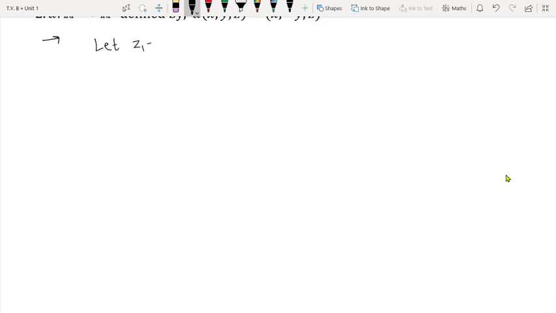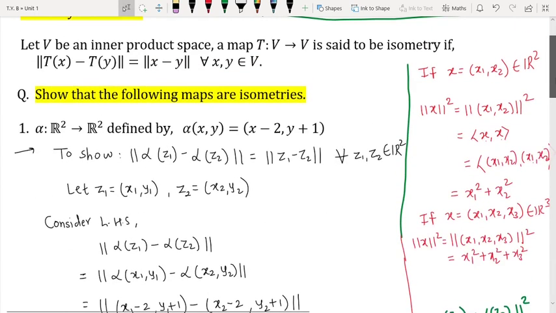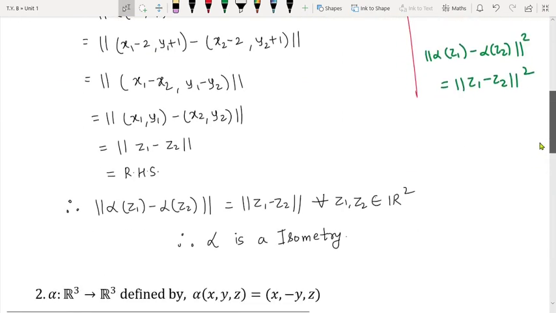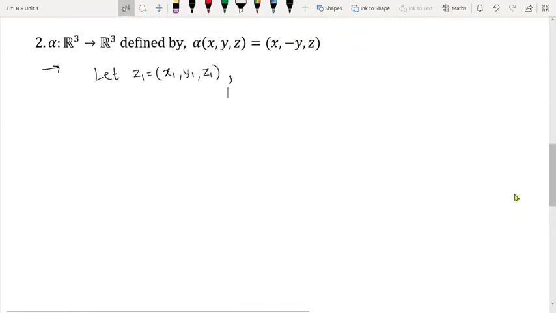now since it is a problem of R3, so naturally I am going to have x1, y1, z1, and how many points do you need to show a certain function is an isometry? 2 points, right? You can see from the definition we need 2 points from the domain. Okay, so same thing I will do, also pick 2 points from the domain. So z1, z2 I will take to be x2, y2.